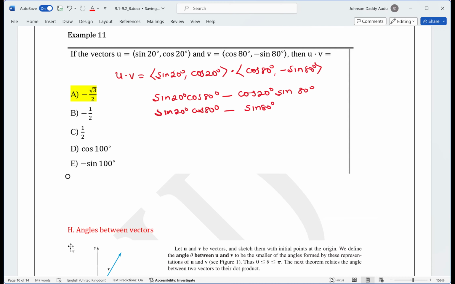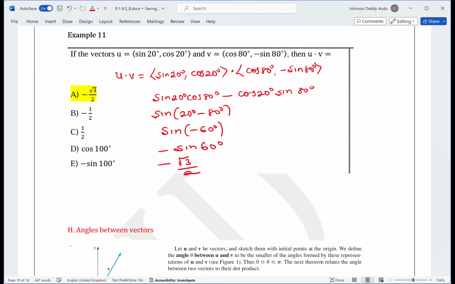From here, this is just going to be sine of (20 minus 80), and this is sine of minus 60 degrees, which is minus sine 60. And sine 60 is root 3 over 2, so the answer is minus root 3 over 2.